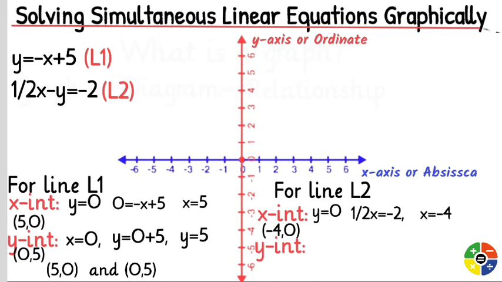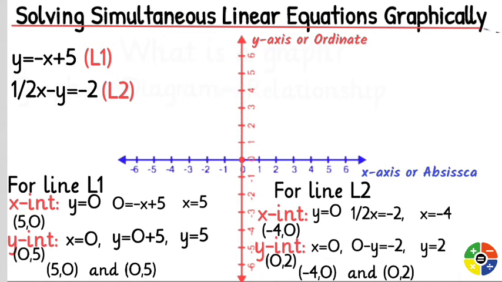For the y-intercept, we substitute x = 0 into line L2 and we obtain 0 - y = -2, leading to y = 2. So (0, 2) is the y-intercept. Hence, (-4, 0) and (0, 2) are 2 points on line L2.